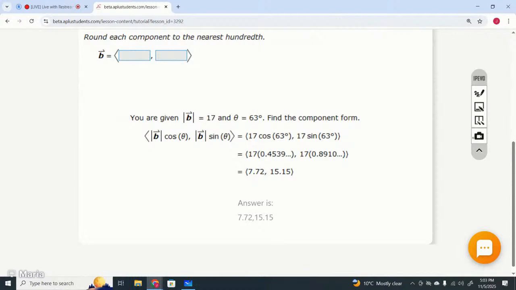That is 17 cos 63 and 17 sin 63. So that is 7.2 and 15.15.